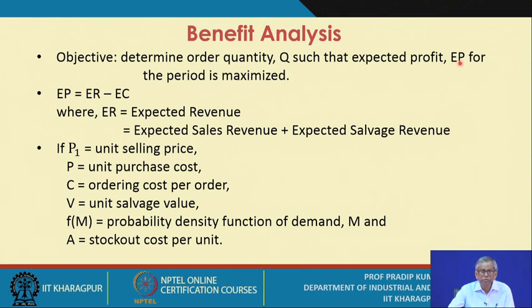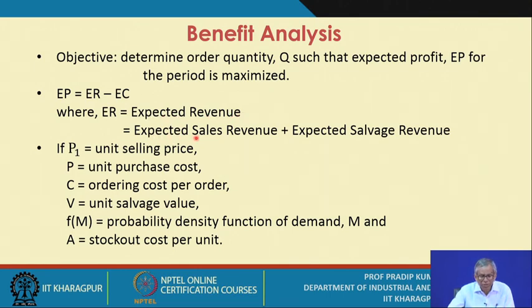Now, how do you get the expression for the expected profit? So expected profit is essentially expected revenue minus expected cost, where ER is expected revenue, right? Now, in a given situation, what do you mean by the expected revenue?